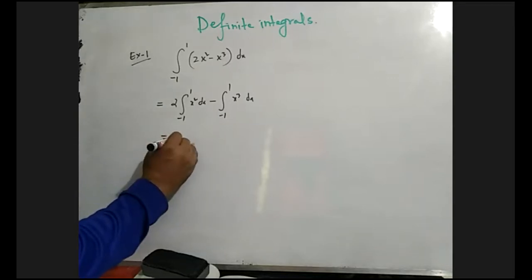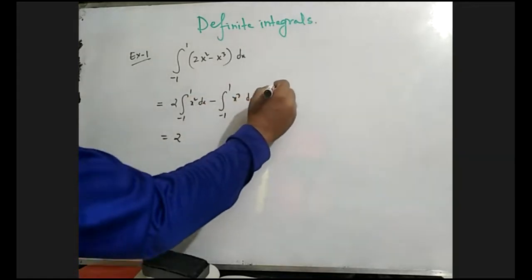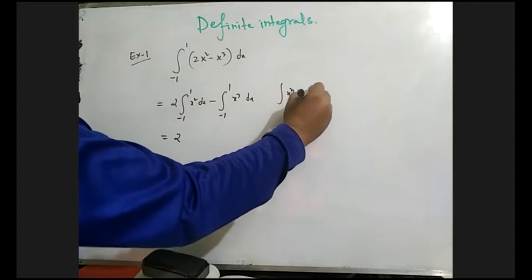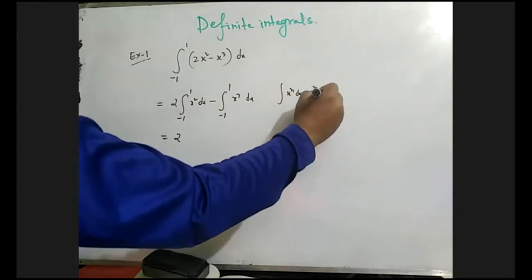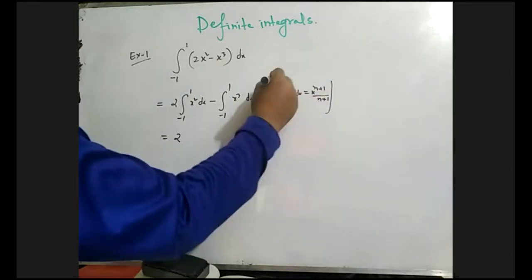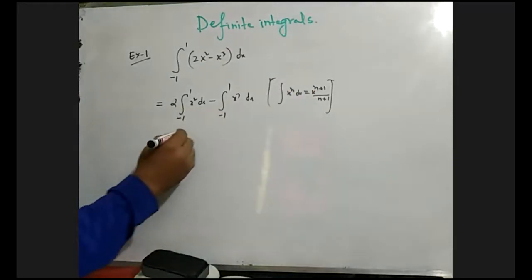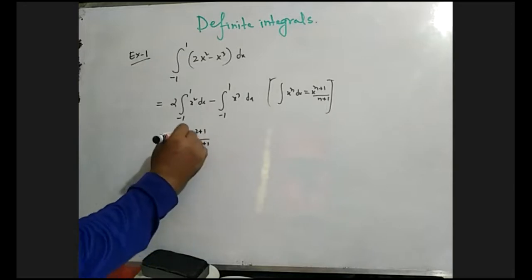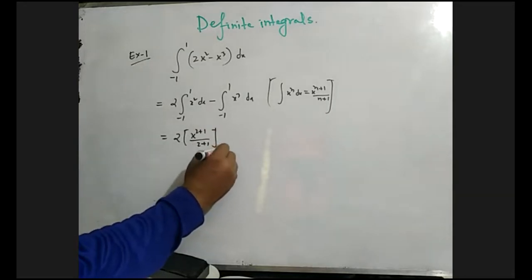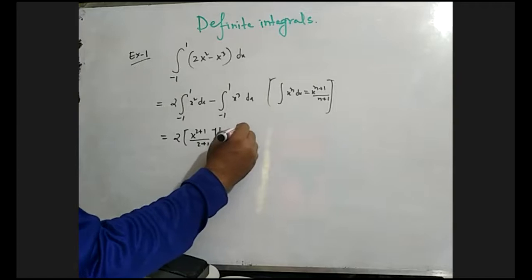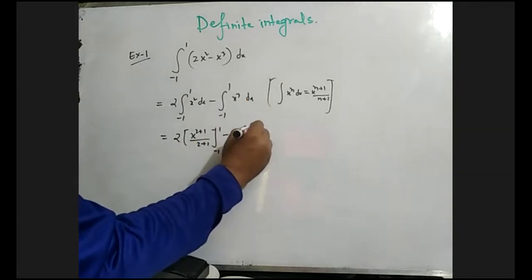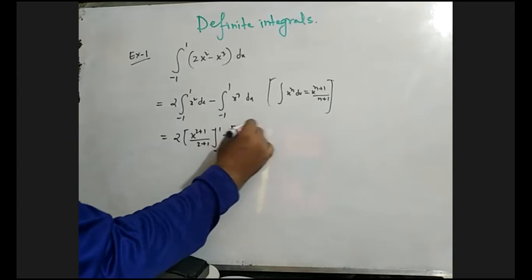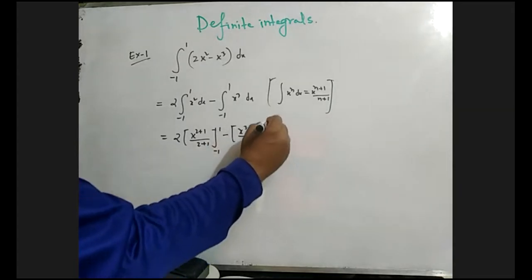Now this is the x to the power n formula: x to the power n plus 1 divided by n plus 1. This is the power rule. Using the power rule, we write x to the power 2 plus 1 divided by 2 plus 1, from -1 to 1, minus x to the power 3 plus 1 divided by 3 plus 1. The value will be within square brackets, -1 to 1.